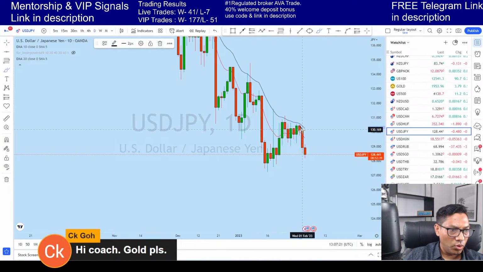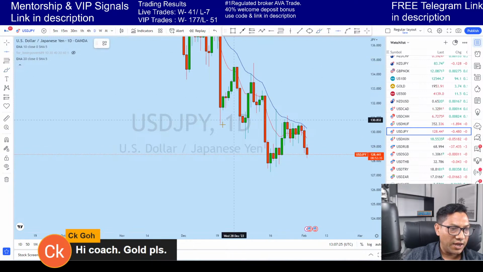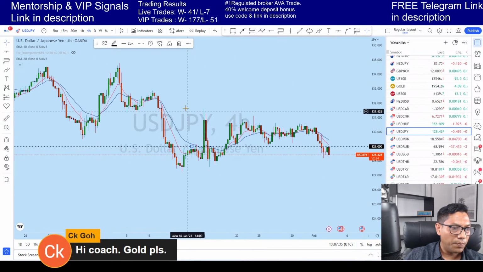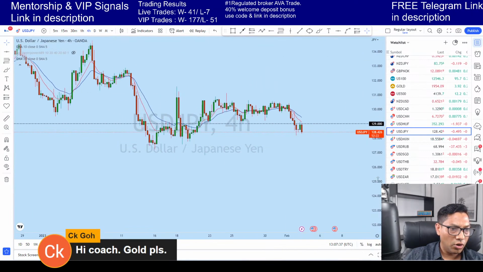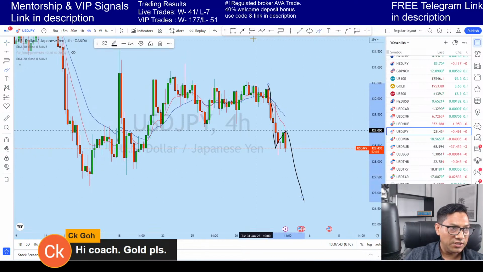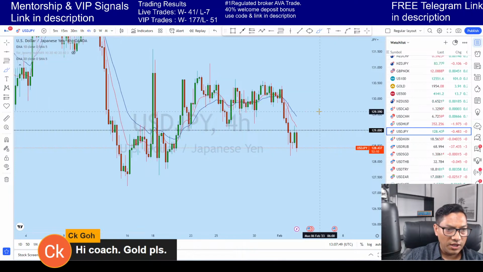Now with that, we have seen a breakdown on dollar yen, and this is the neckline of this reversal from this dynamic resistance. This is the daily chart. We see dollar yen has broken down. If you look at the 4-hour perspective, we see that dollar yen has a big drop. Now with that in mind, there is an impulse correction. It is in another impulsive phase, and I think dollar yen is likely to continue to drop in this direction.